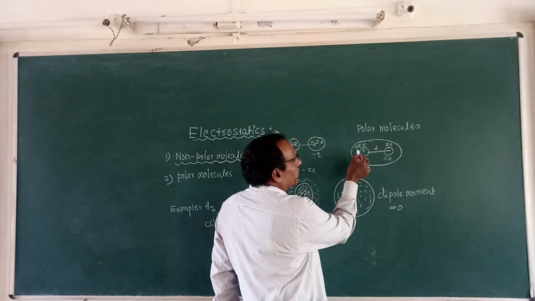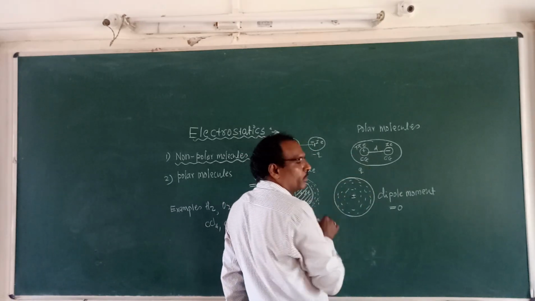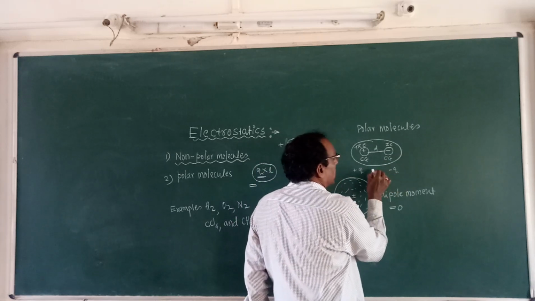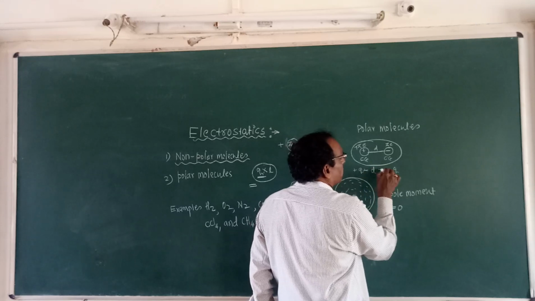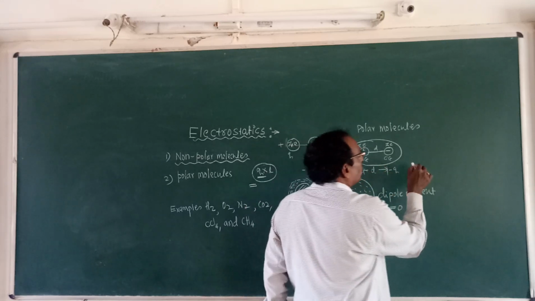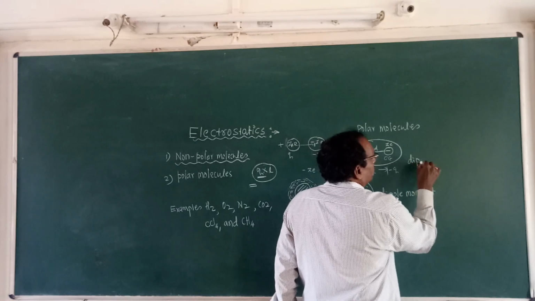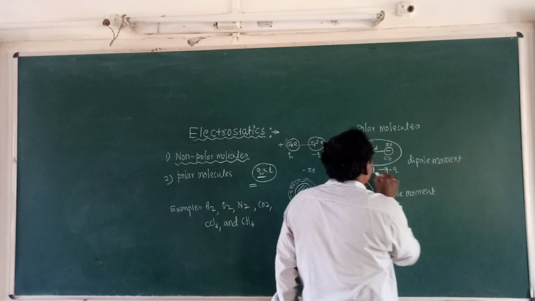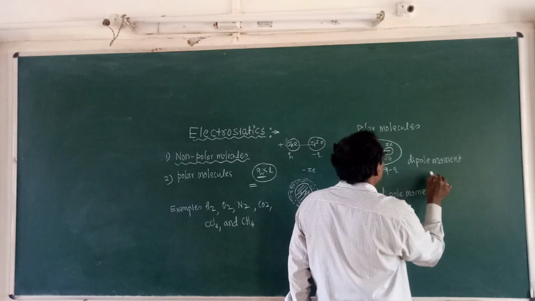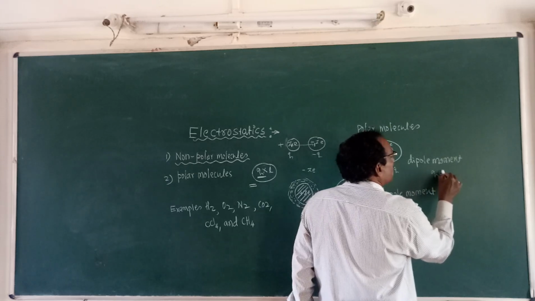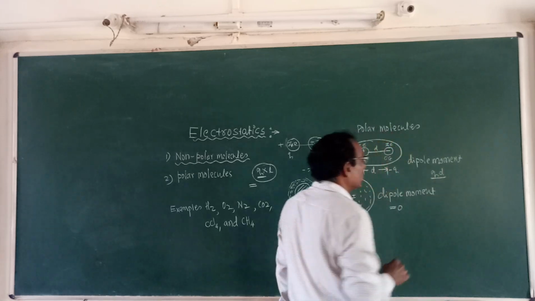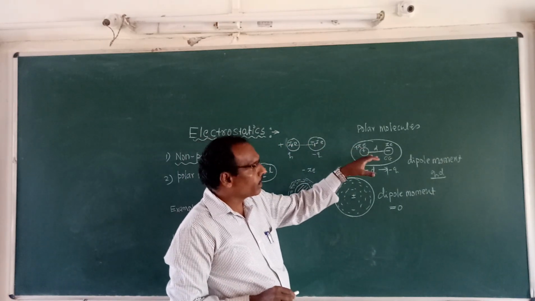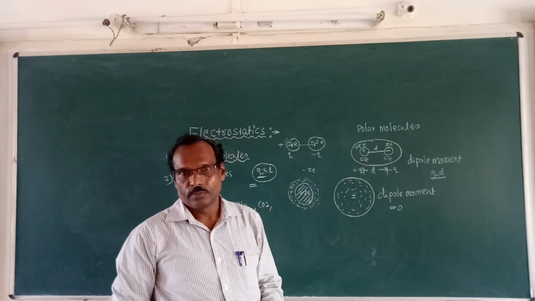As I said, if the positive charge is plus q and the negative charge is minus q, and d is the distance between them, the dipole moment for a polar molecule is q times d. In other words, polar molecules are molecules having a permanent dipole.